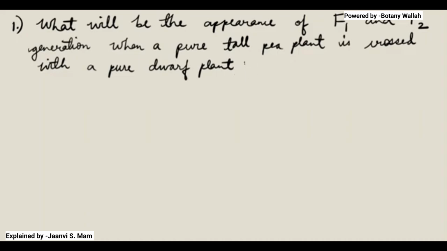Okay, so this is the question. So what will be the appearance of F1 and F2 generation when a pure tall pea plant is crossed with a pure dwarf? So this is the question.